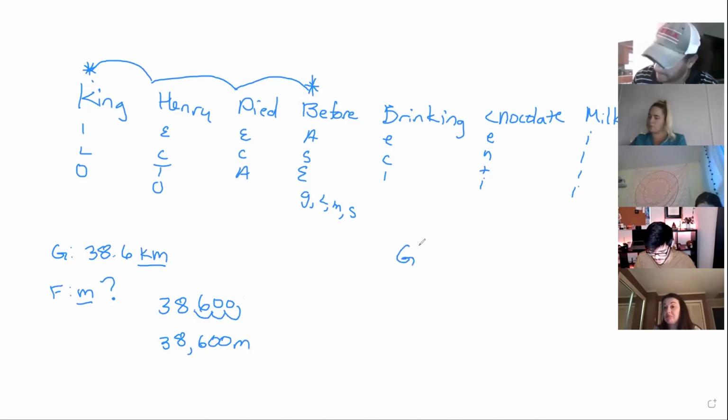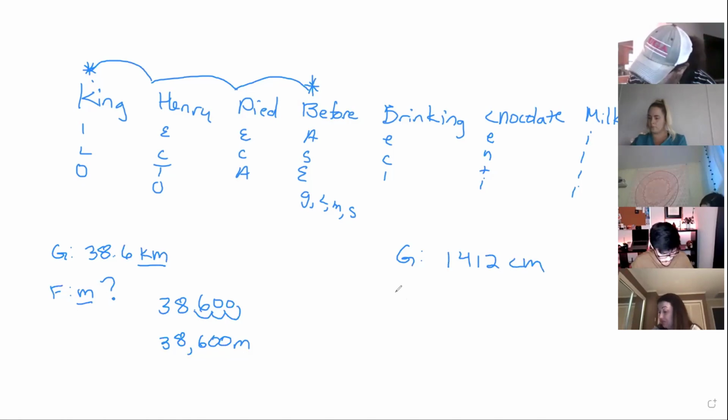So let's say we have 1,412 centimeters, and I want to find kilometers. Okay, it works both ways. We're starting with a centimeter, that's over here at the chocolate. We're ending at the kilometer, which is over here at King.